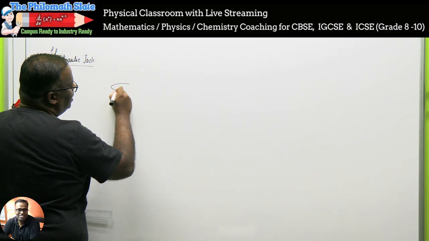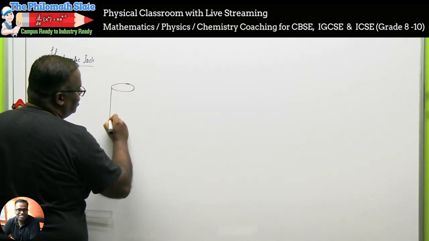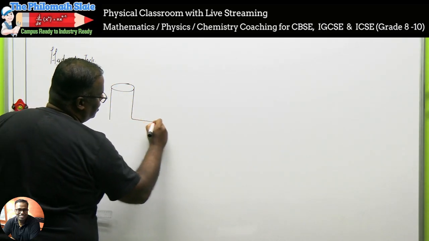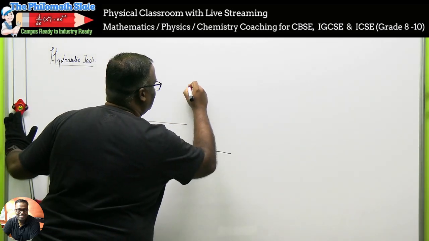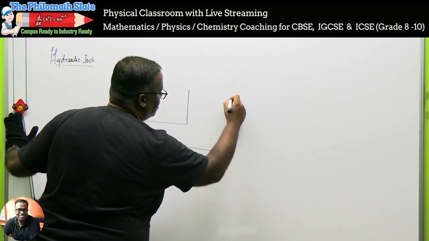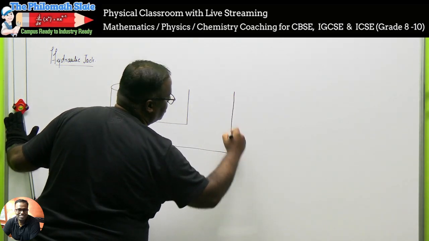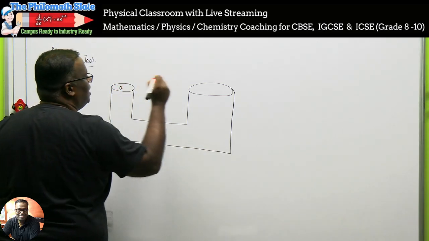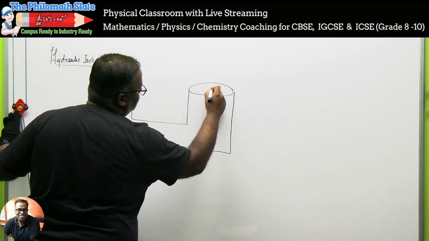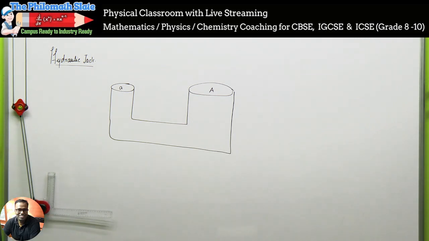तो hydraulic jack में हम लोग क्या करते हैं? मान लीजिए यहाँ पे you have a very simple mechanism. Let this cross-sectional area be A. What is this cross-sectional area? Capital A. Capital A ज़्यादा बड़ा है, ठीक है ना?